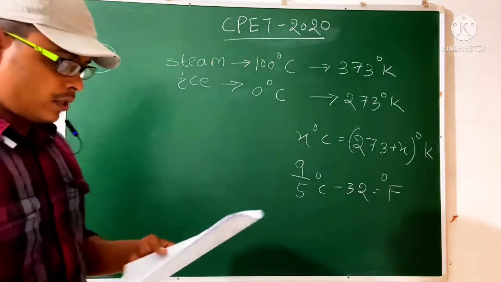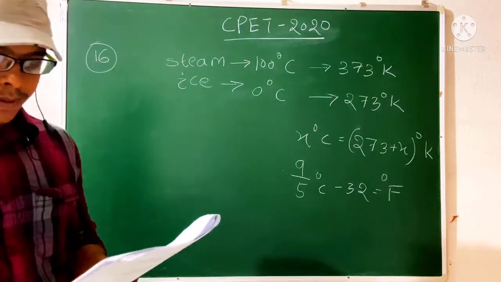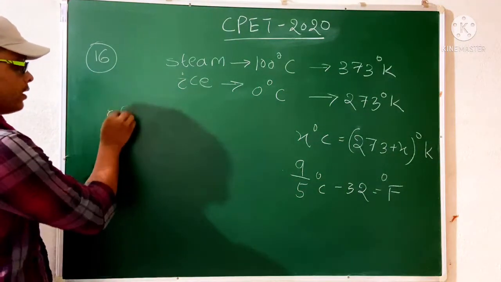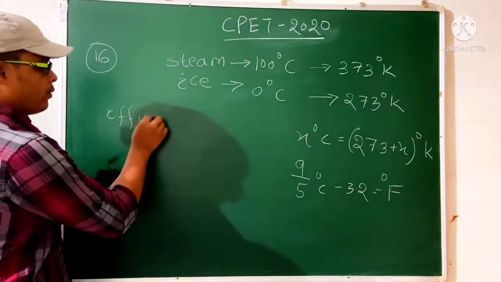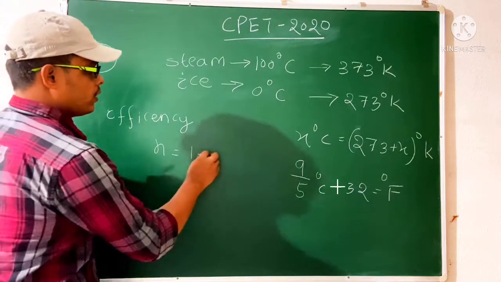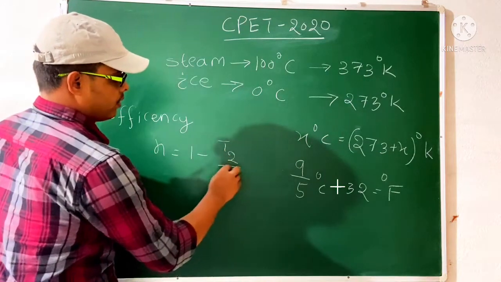So he was asking to obtain the efficiency of the Carnot engine. Okay, we know the efficiency. What is the efficiency for a Carnot engine? You have to remember this efficiency for a Carnot engine, that is 1 minus T2 by T1, right?